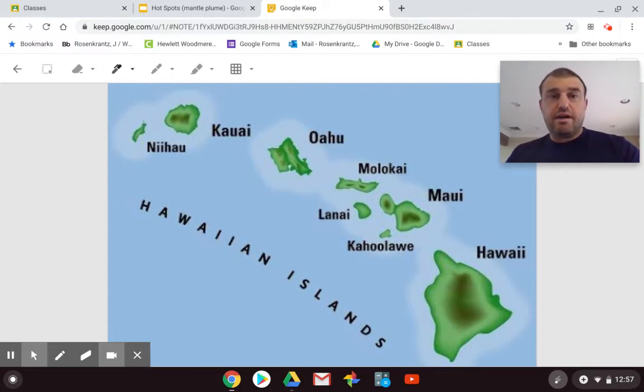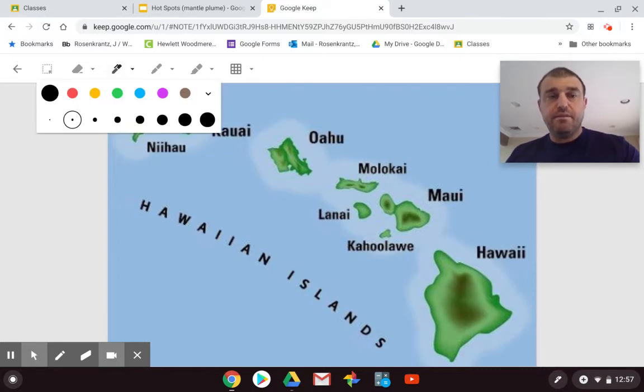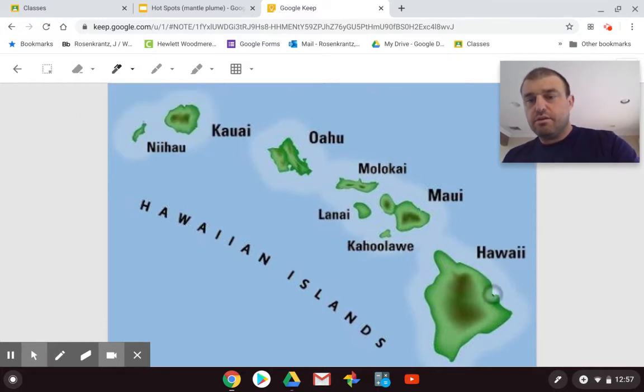So the island on the bottom right, in the southeast corner, I want you to write down young. Sorry, I ran out of room. Let me clear that.